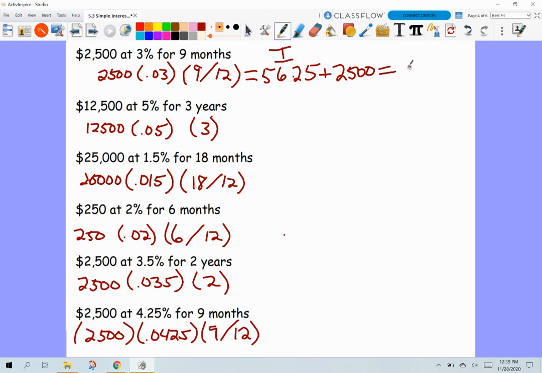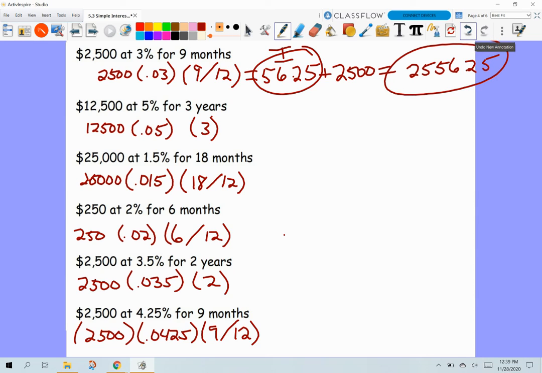So your new balance is $2,556.25. So you're going to be giving me two answers on these. You're going to give me the interest, and then right next to it, you're going to add on the principal to give me the new balance. Both cells will turn green when you enter the correct information.